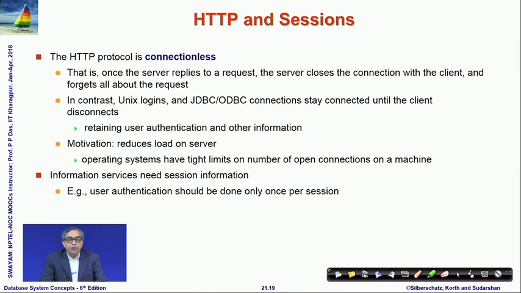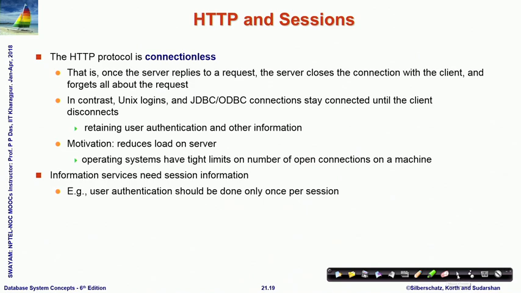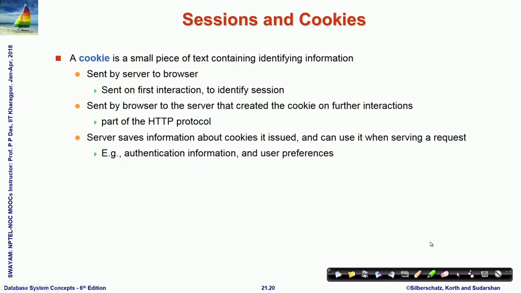So, if I have logged in to my Gmail account and I have got the inbox, then when I want to check my first mail, the system does not know anymore that I am logged in, because that session request response is over, and now I am making a new request that shows me the first mail, and I expect to see the whole body. So, there is no information carried from one request to the other, which makes HTTP difficult to work with. So, the solution for that is something known as a cookie.